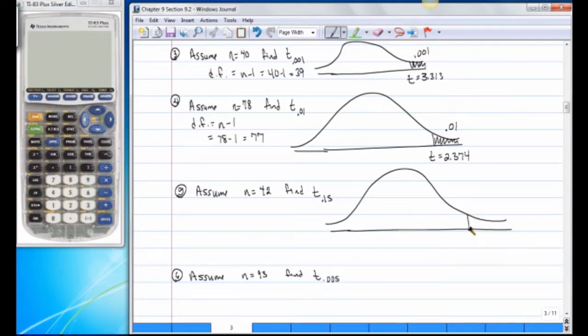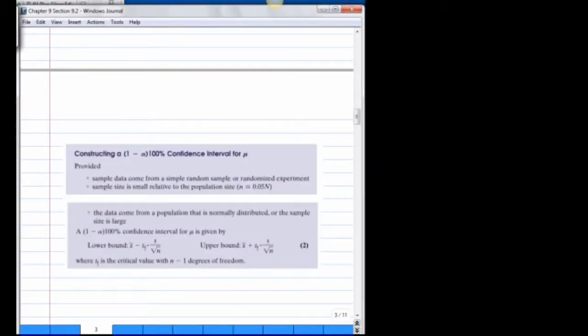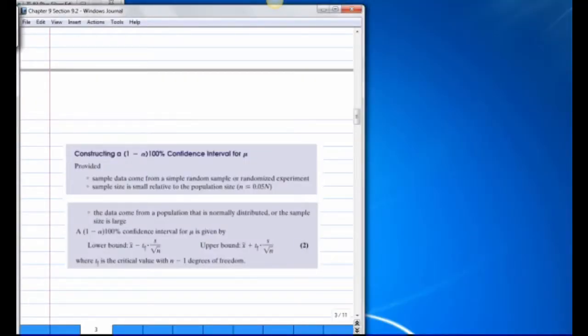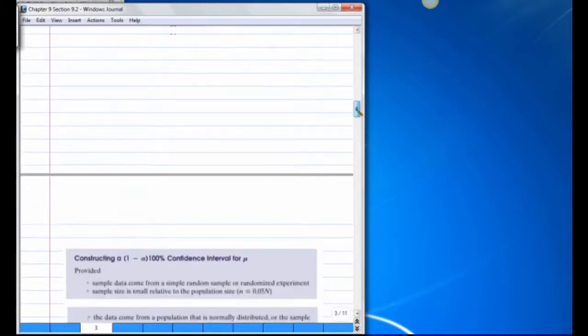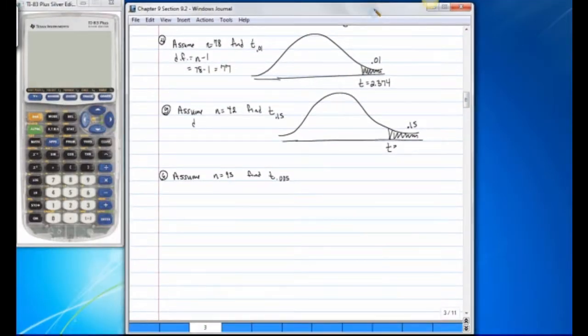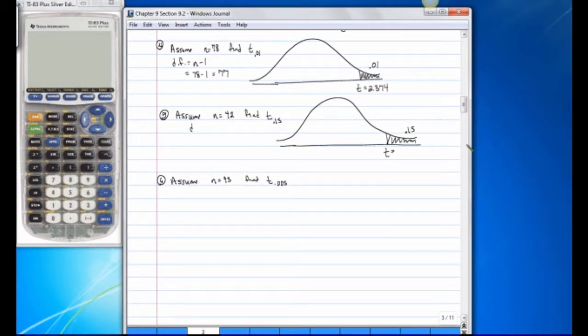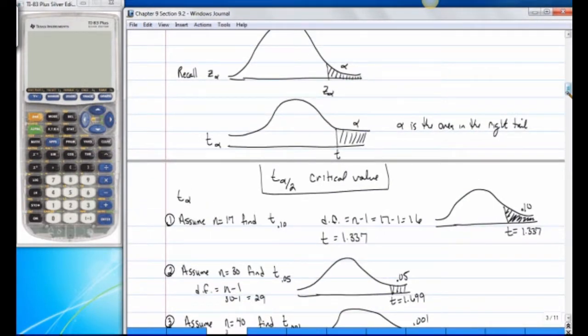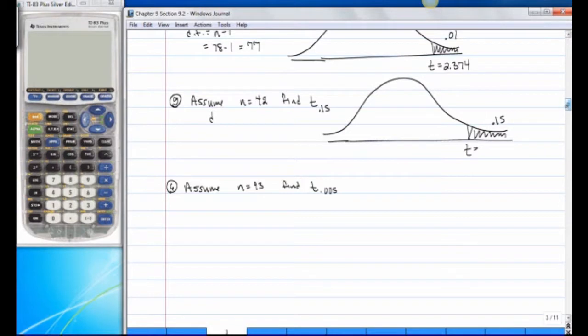Now t sub alpha, and alpha is 0.15. Okay, so 0.15, the degrees of freedom, n minus 1. 42 minus 1 is 41.